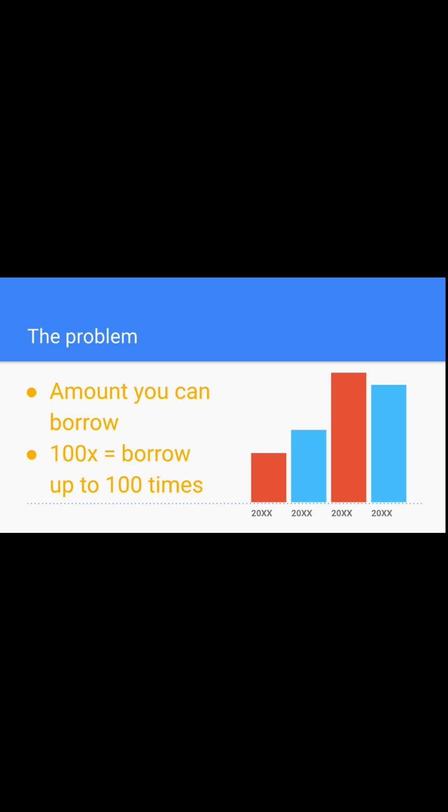If you eventually choose 100x as your leverage, it means your capital will be multiplied by 100 times. Assuming what you have in your account is just $1 and you choose 100x, you are trading with 100 times your $1, which is actually $100.